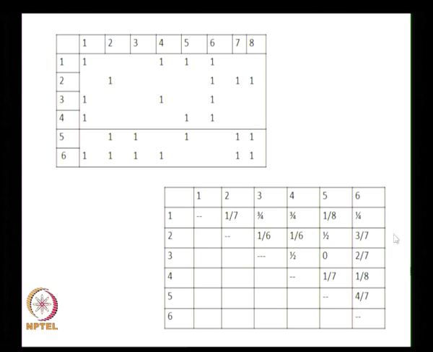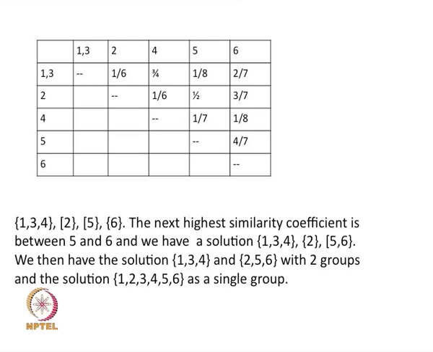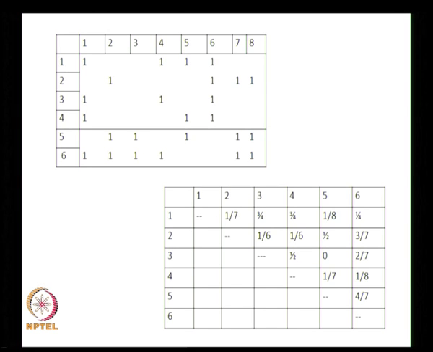Now, using this similarity coefficient matrix, we try and group the machines. And how do we do that? Now, we look at the first row and we realize that the maximum similarity is 3 by 4. 3 by 4 is 0.75. The next one is 4 by 7, which is less than that.